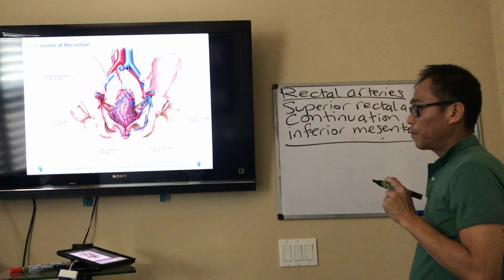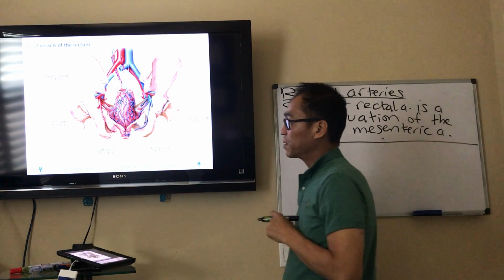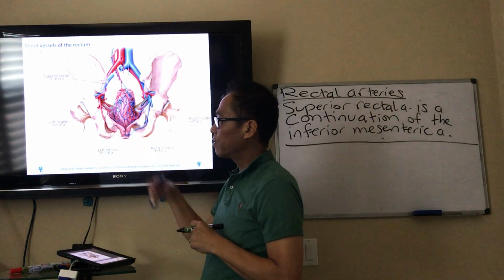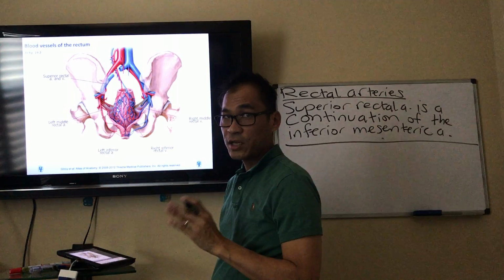Next one. The middle rectal artery, as we had discussed before, is a branch of the internal iliac artery, the anterior division.